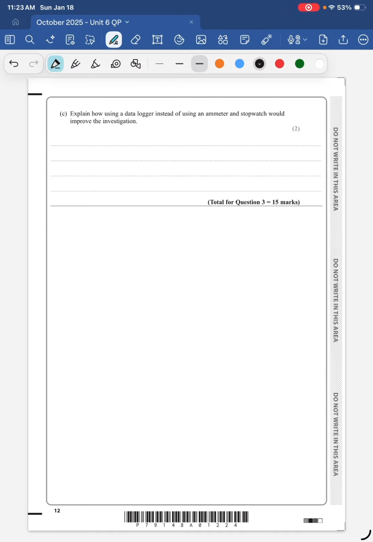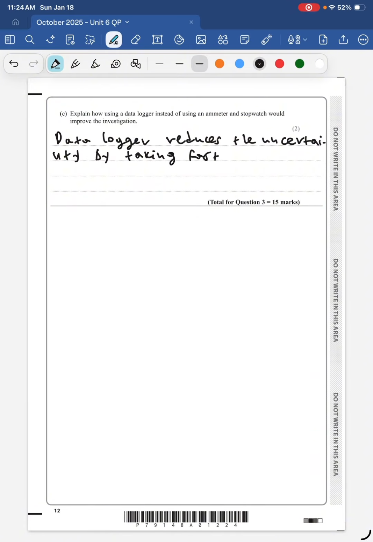Explain how using a data logger instead of using an ammeter and stopwatch will improve the investigation. So the data logger reduces the uncertainty by taking fast and simultaneous readings.